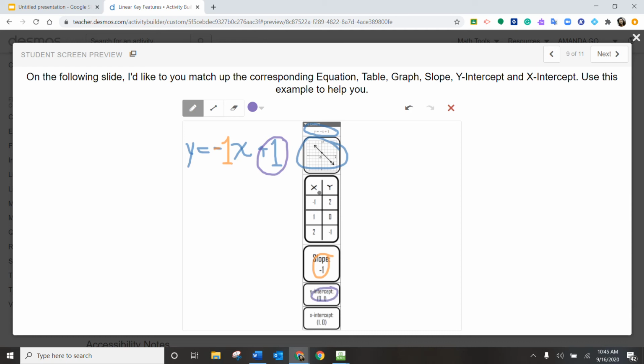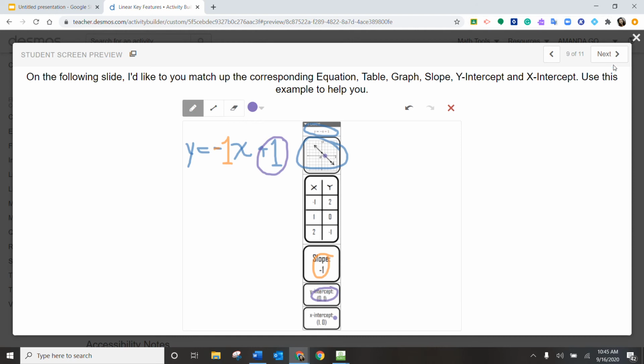Now, to get my table and my x-intercept, I would probably just look at my graph, kind of zoom in and see, oh, well, there's my x-intercept. And I would make sure that all of the points on my table are represented on the graph. Okay, so that's why I did a whole example just for y'all so you could take a look at it.